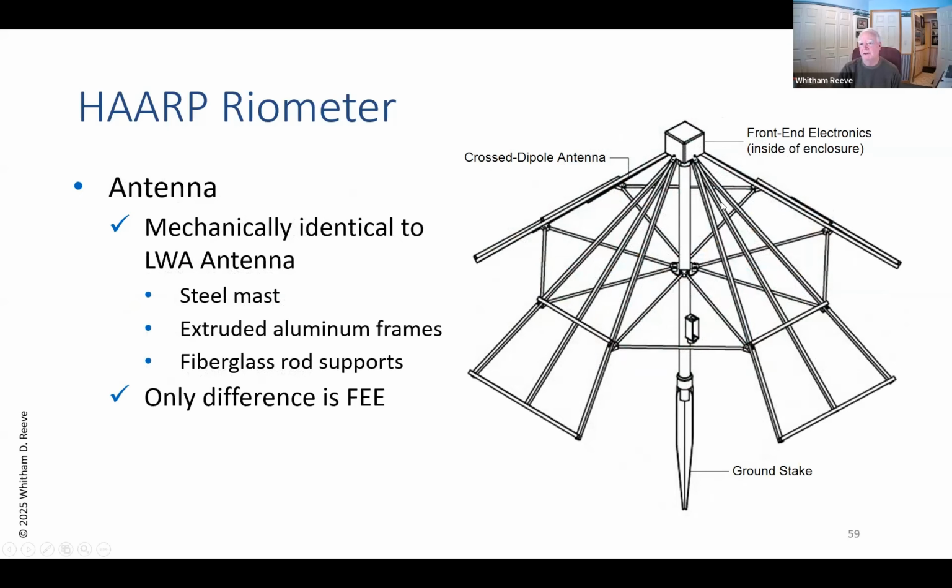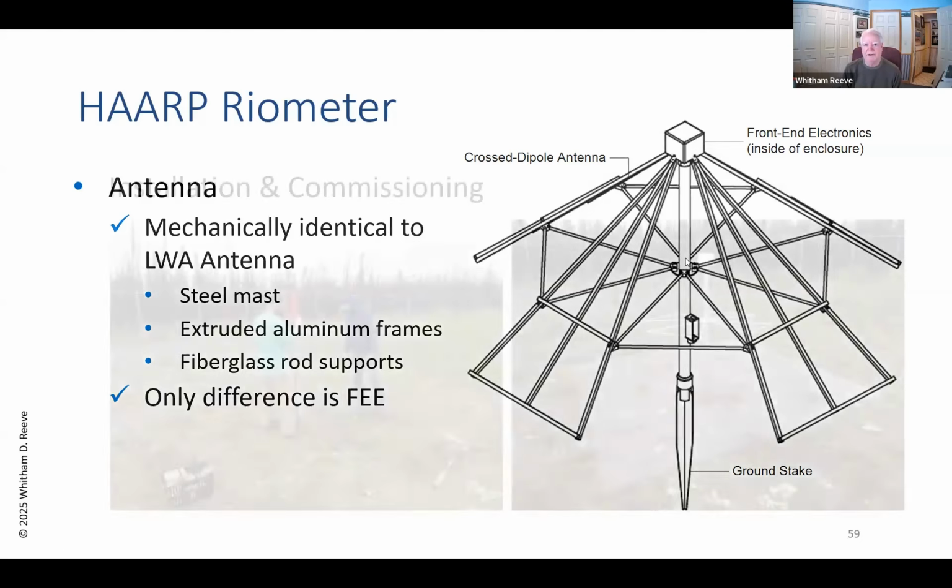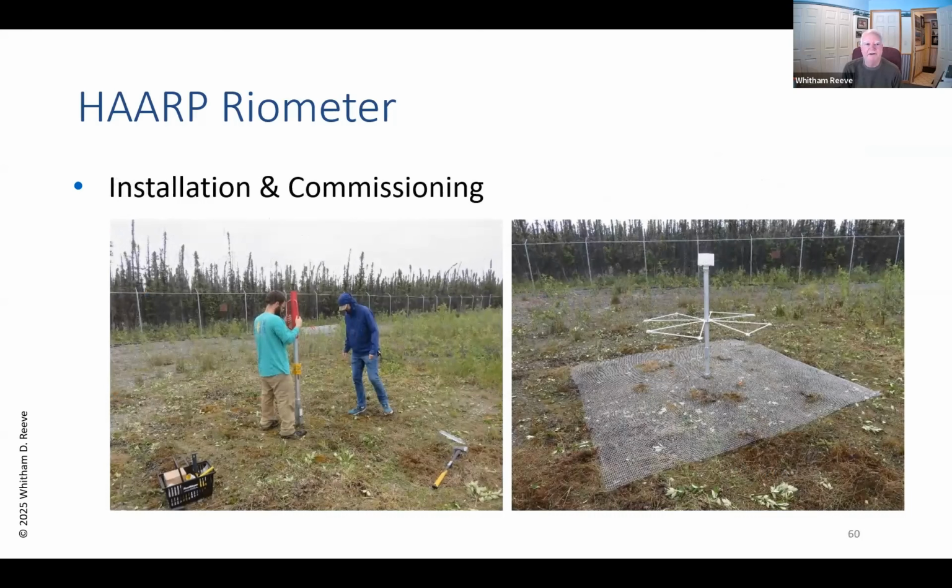You have two dipoles here in these triangular shaped aluminum frames, and they're supported by fiberglass insulated rods in about the middle of the mast. And then there's a ground stake that you drive into the ground and fasten the steel mast to. And I'll show you some pictures of that right now, I guess.